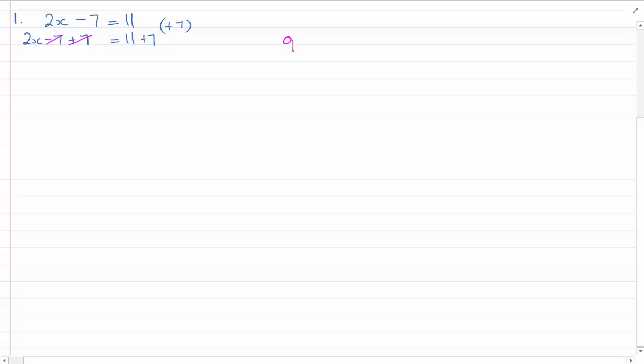I did an opposite operation and it caused the cancelling out of two terms. So I had minus 7, I added 7 to cancel them out. The opposite operations, of course, are plus and subtract, or multiply and divide. So if you need to remove a multiplied term, then you divide by that term.